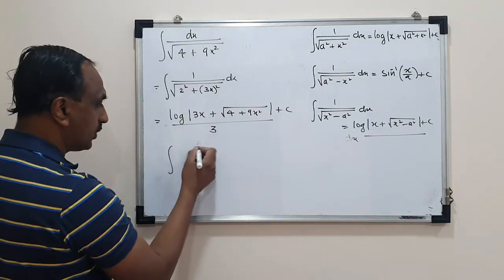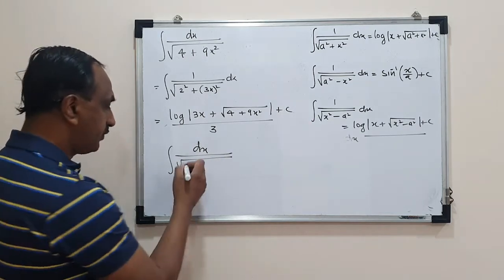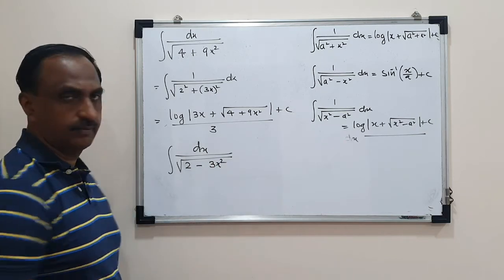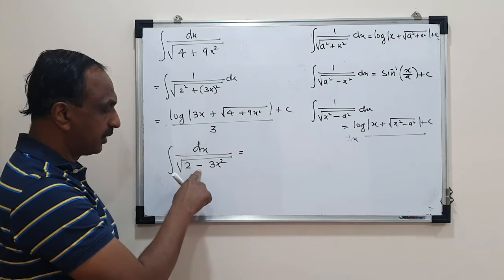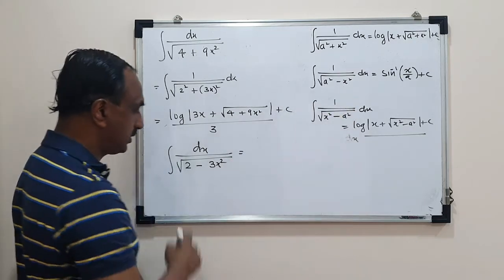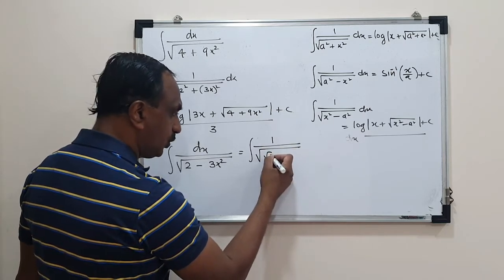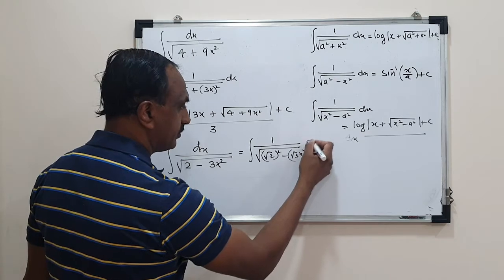So let's look at this one. If I have a question like this, with 2 minus 3x square, first and foremost, this is sine inverse, because it is a square minus x square. So I can write this as 1 upon root of root 2 square minus root 3x the whole square.